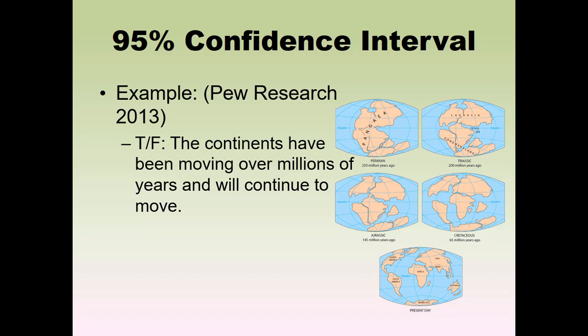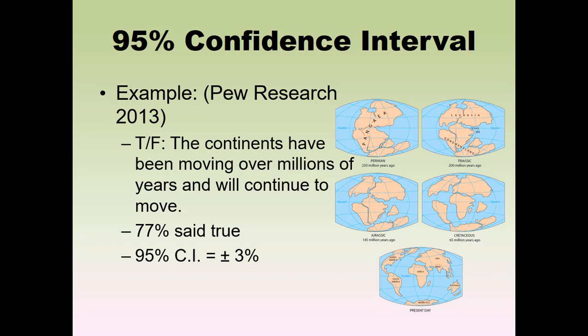And as they did this poll, they came out with a mean that 77% said true, and the remainder said false. And in this study, there was a 95% confidence interval of plus or minus 3%.